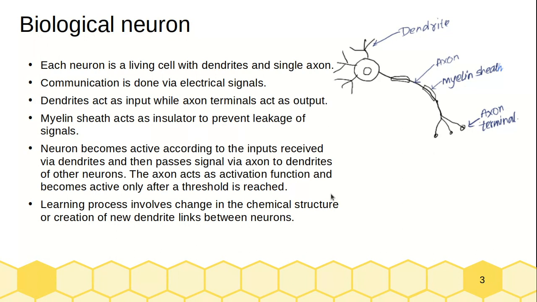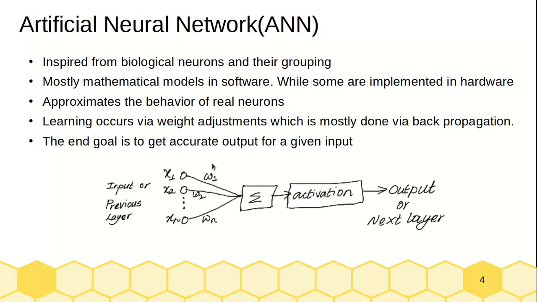Let's get a brief introduction to the artificial neuron. So artificial neural networks are inspired from biological neurons and their grouping. The structures are inspired from the grouping of the structure in the brain, and most of them are implemented in software as a mathematical model, while some are also implemented in hardware, and they approximate the behavior of a real neuron.